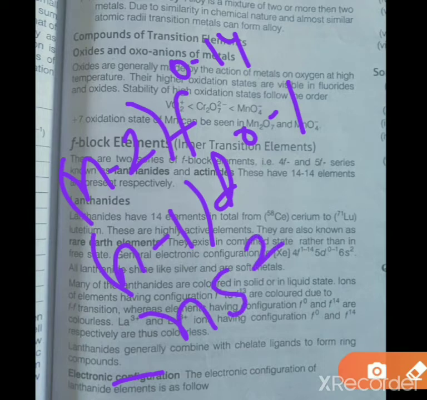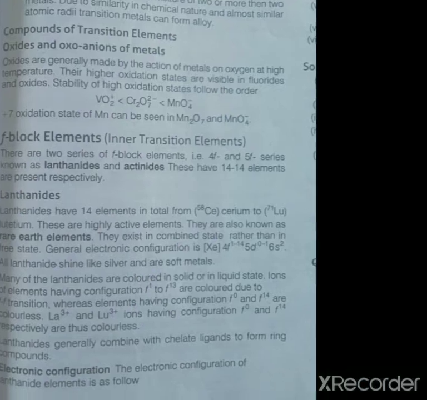Okay, students, so from here you can see that for any of the inner transition elements, it may be cerium, its general electronic configuration, in the case of cerium, is inner core xenon 4f2 5d1 6s2.